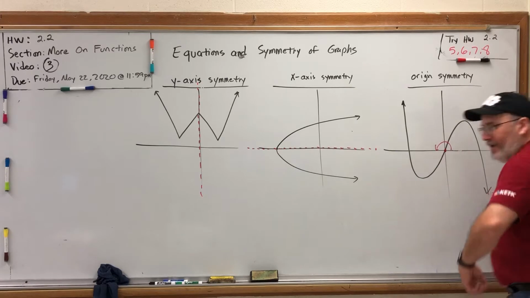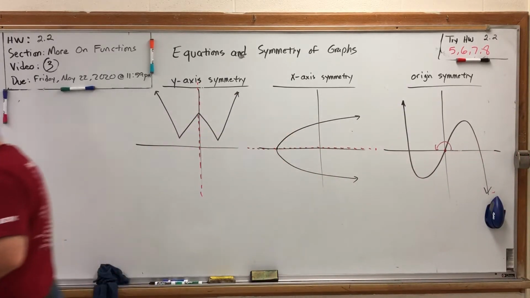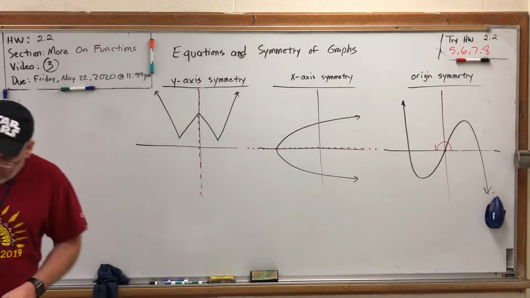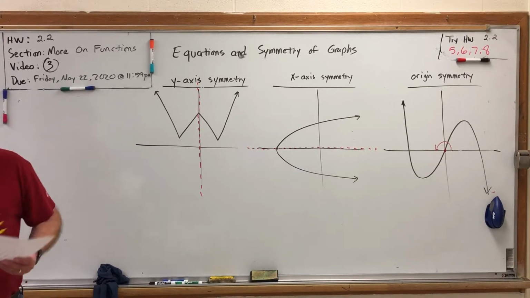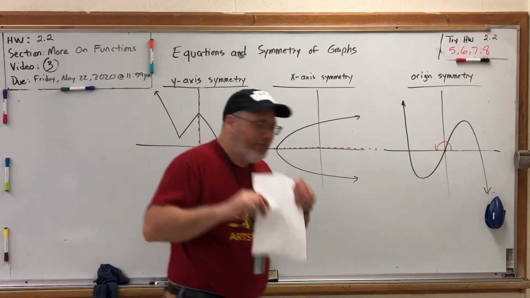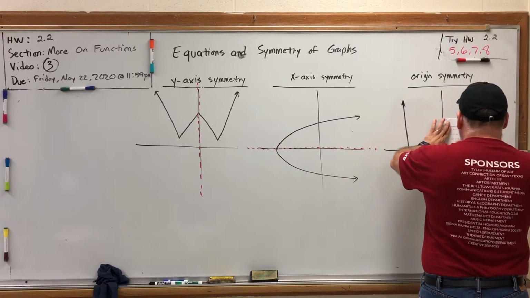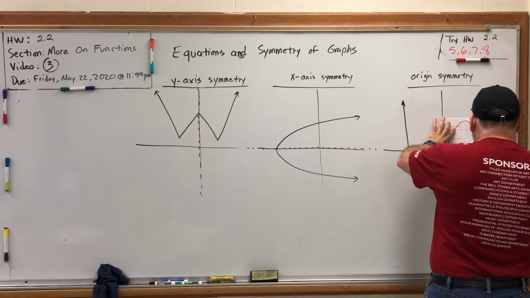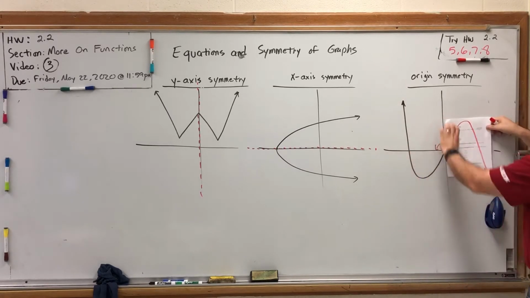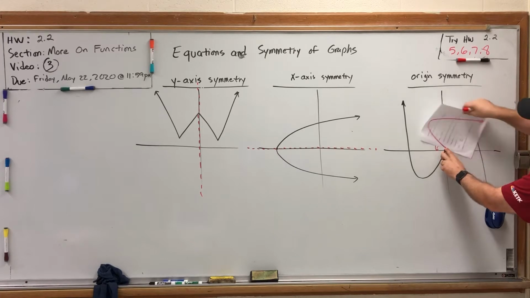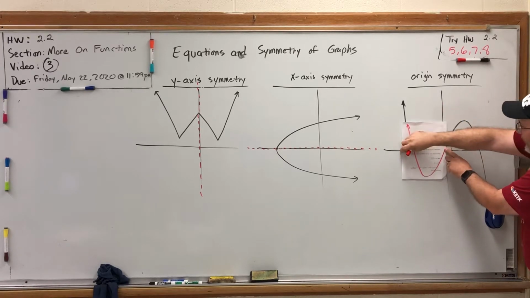And I think I can actually do this if I can find a sheet of paper. Excuse me. Here's one. It's got some formulas on it, but let's do this. Let's say I were to draw this graph on here. Origin symmetry means when you take the right half of the graph and rotate it 180 degrees, it gives you the left side of the graph.